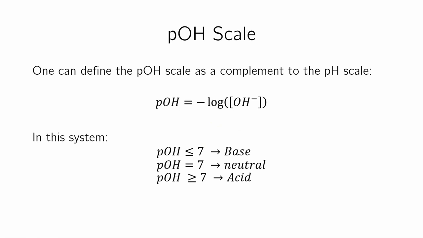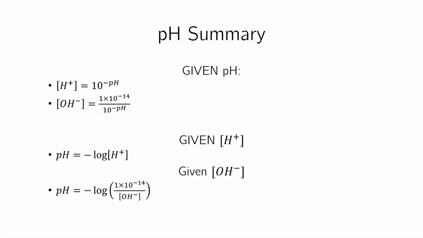If the POH is less than 7, it's a base instead of an acid. If the POH is greater than 7, it's an acid, not a base. So just be aware that it does exist, but mostly we will use pH, and you will see mostly these questions because pH is something that people actually use, POH not so much.